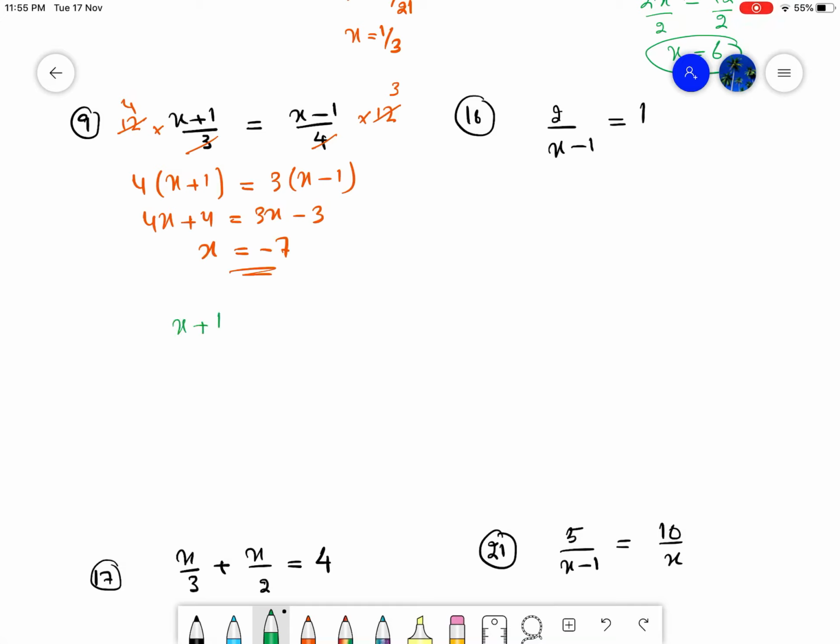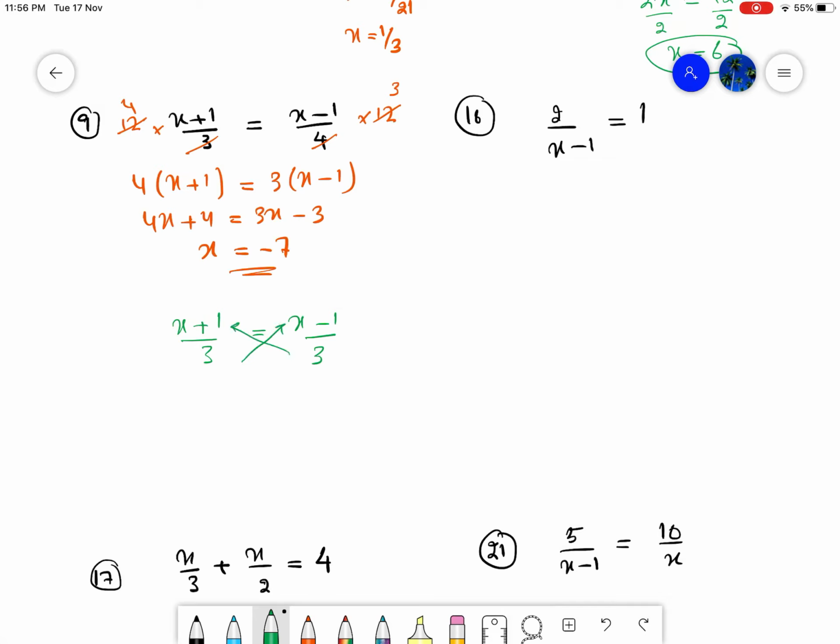Again, if you want to use the cross multiplication approach, you can do it, because x plus 1 whole divided by 3 is a single term, and x minus 1 whole divided by 3 also is a single term. Remember that to perform cross multiplication, there must be single terms on both sides. So now you can perform the cross multiplication.